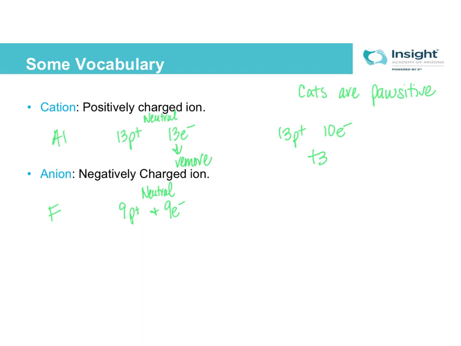We can only change the number of electrons we have, so we need to add electrons. And fluorine, when it forms ions, likes to take on one more extra one, so it becomes 9 positive protons and 10 negative electrons for an overall charge of -1.